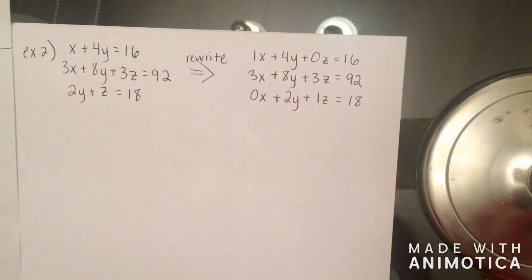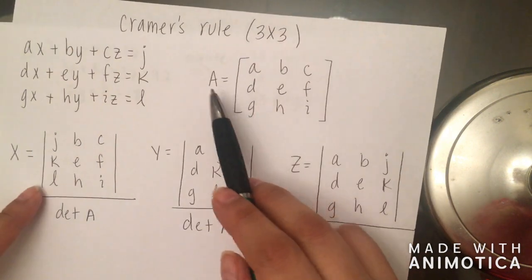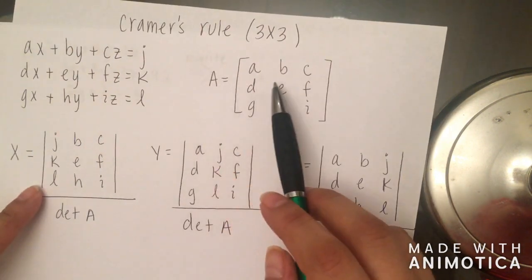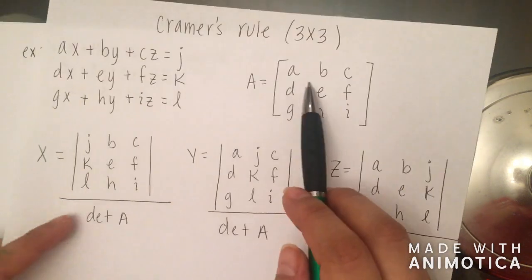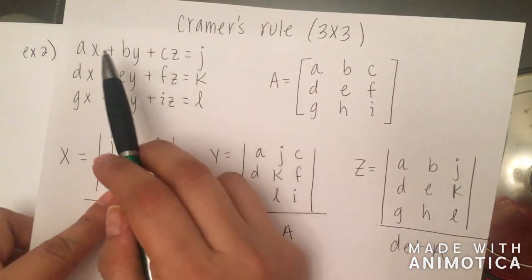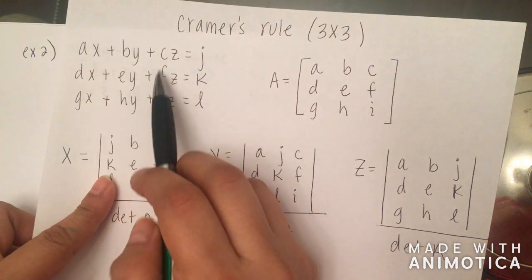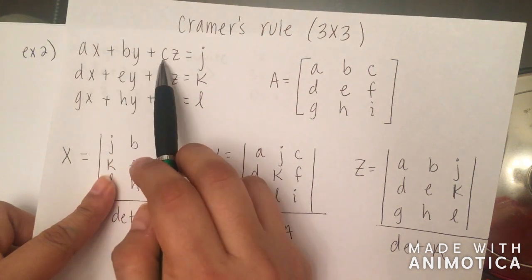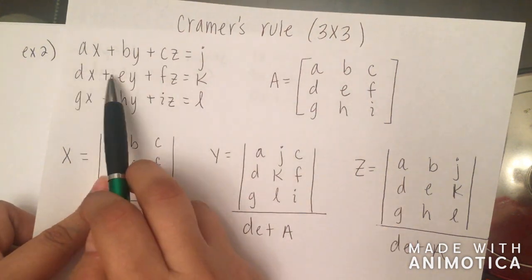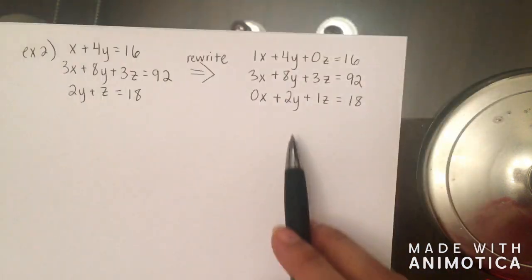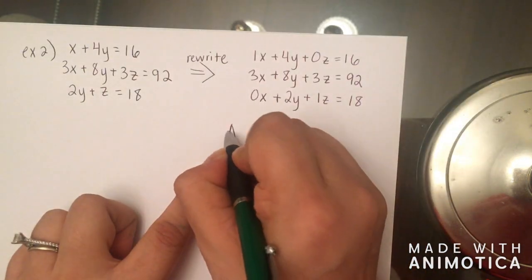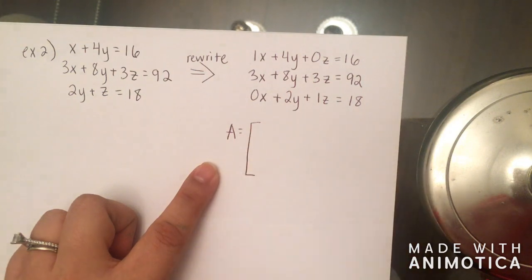How is that going to help me? Because if you take a look at your formula to find the matrix A, those are the coefficients in front of your x's, your y's, and your z's. See, A, B, C, D, E, F, G, H, I. So matrix A, that's the first one I want to find.